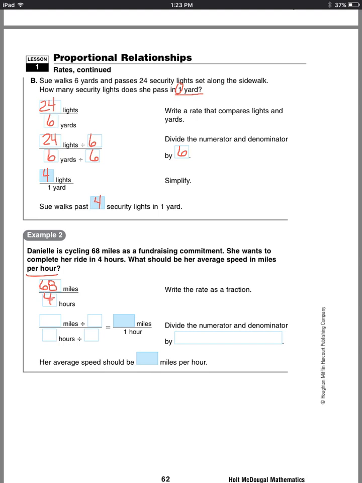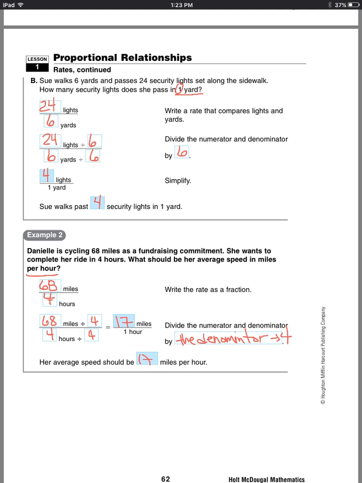So we divide by the denominator, which in this case is 4. So we do 68 over 4 divided by 4, and 68 divided by 4 is 17. So if she wanted to complete her 68 miles in 4 hours, she would need to ride 17 miles per 1 hour.